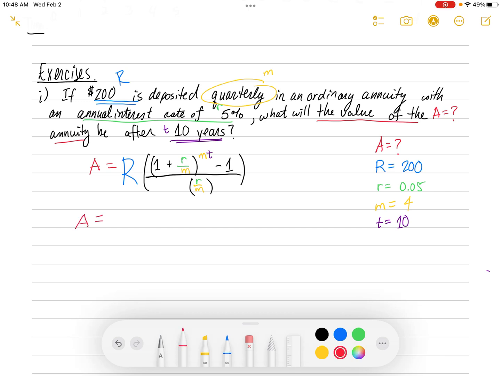So I'm going to plug this into my formula. If you want to plug this all in the calculator at once, you get more accuracy. I might break it up into a few steps here. So let's say I got the big parentheses after the 200. I got 1 plus 0.05 divided by 4. We're going to raise that to the 4 times 10.